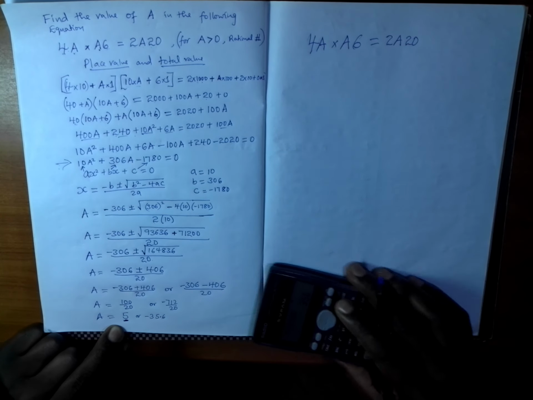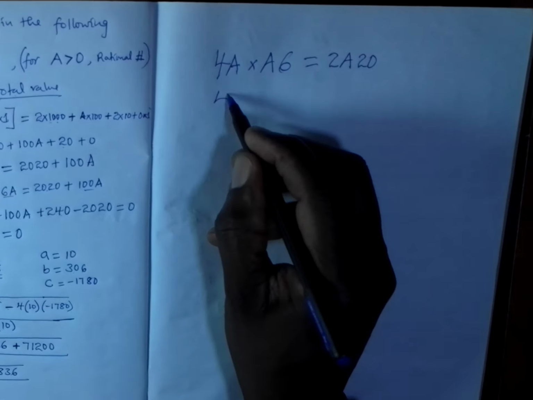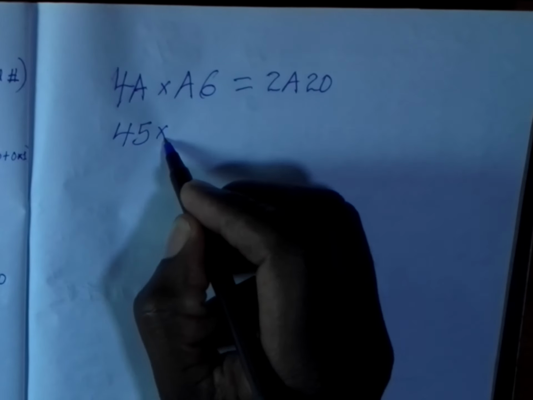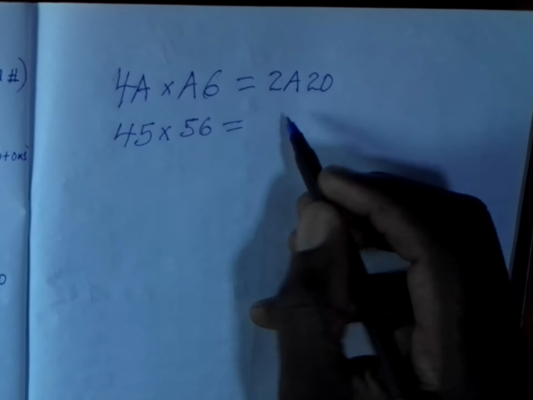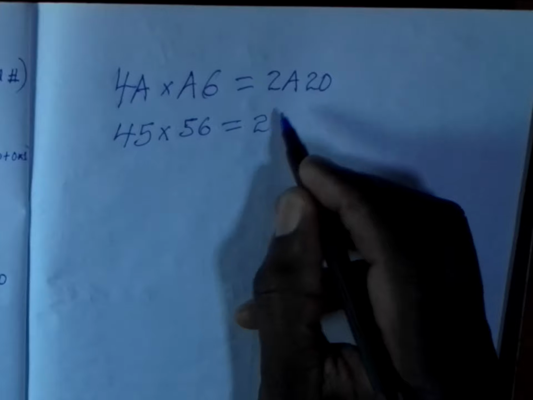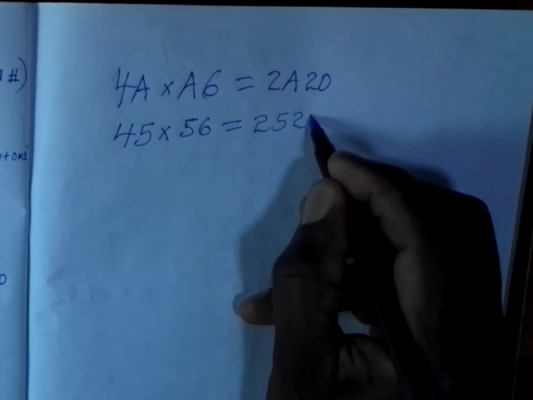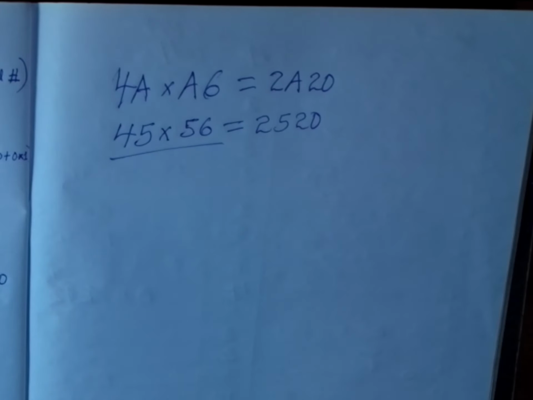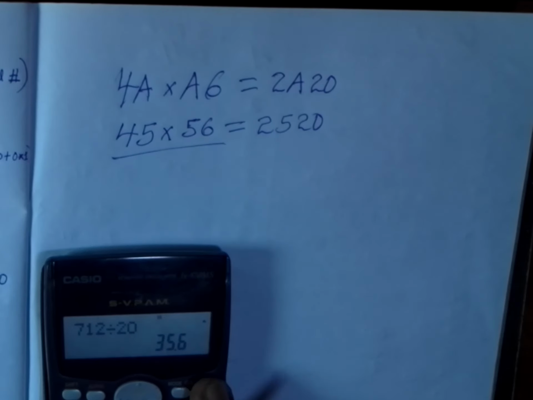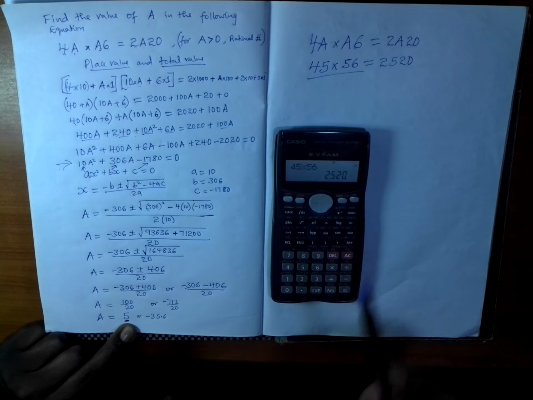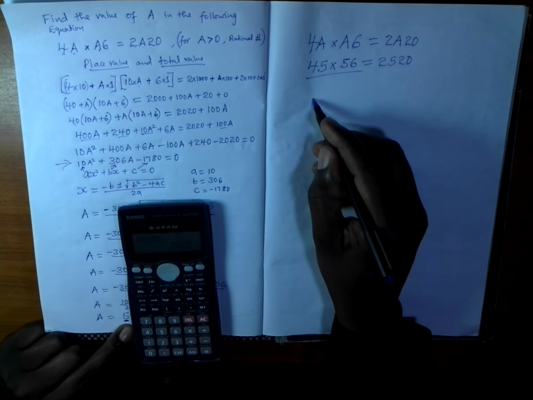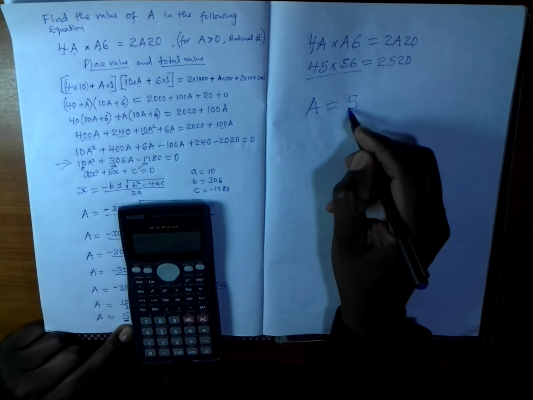That will be 45 times 56 should be equal to 2a20, with a is 5, so 2520. If we prove it, 45 times 56 is equal to 2520, which is correct, and therefore the value of a is 5.